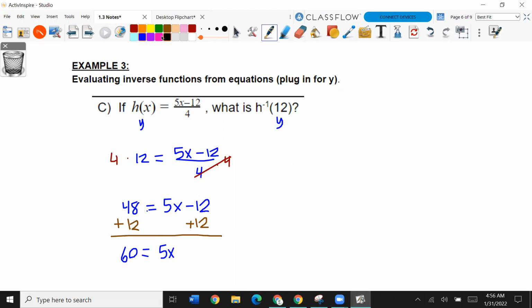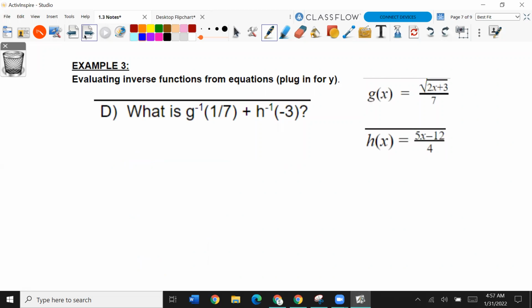And then finally, we want to divide both sides by 5. And 60 divided by 5, that's 12. So we're back to 12 again. Sometimes that happens, right? You can check that on a graph if you want. X is going to be 12. So h inverse of 12 is 12. Coincidence.